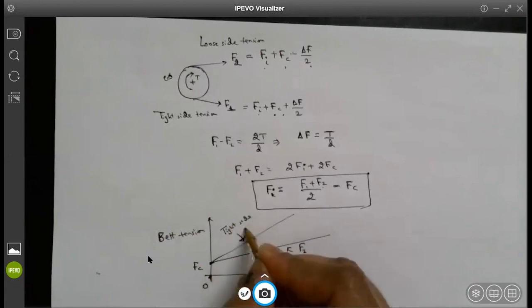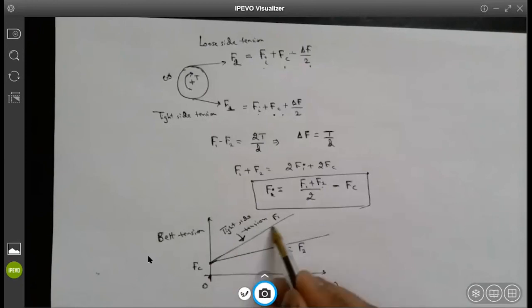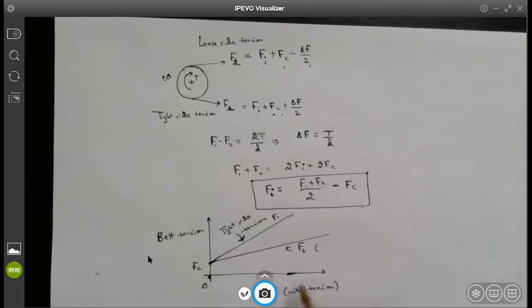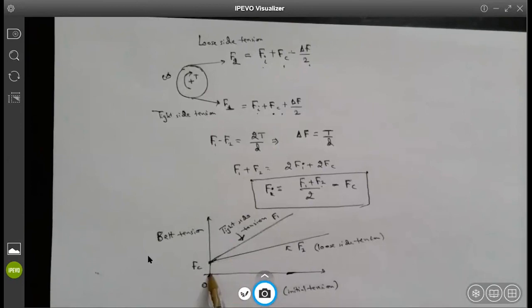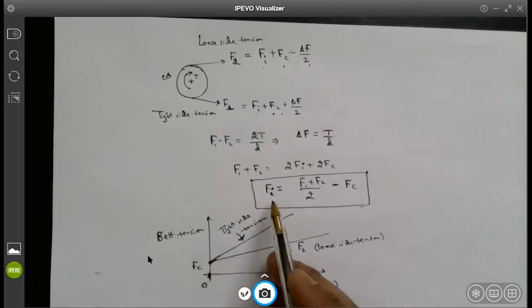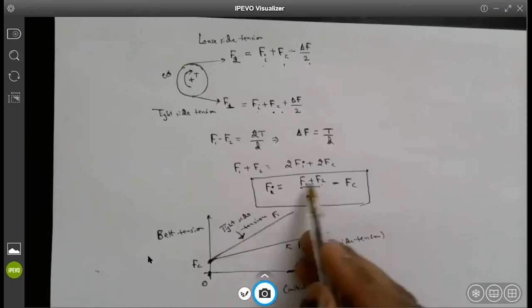So if I plot the tight side tension F1 versus Fi, I get this line. And if I plot loose side tension versus Fi, initial tension, I get this line. And what it says is that if my initial tension is 0, which is at this point, then F1 and F2 are both equal.